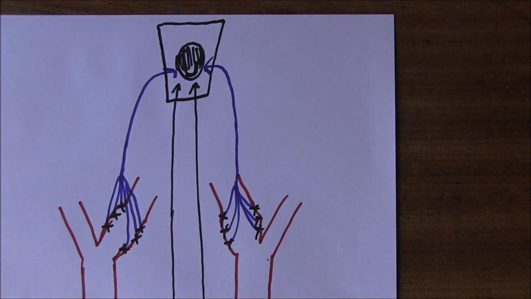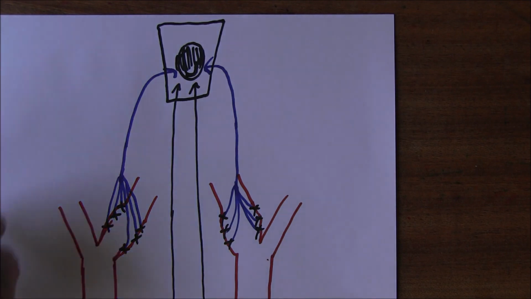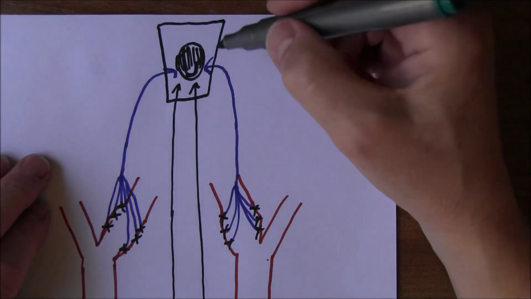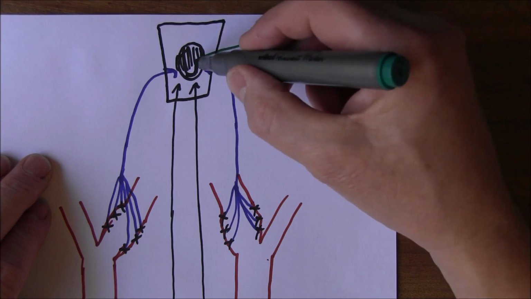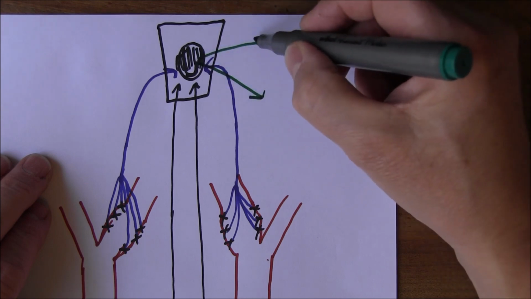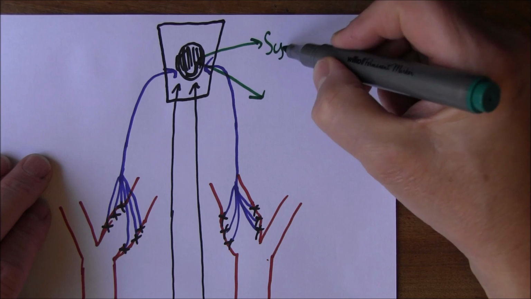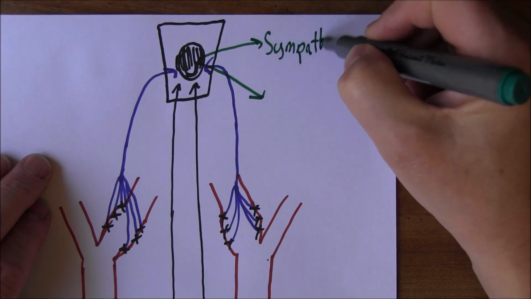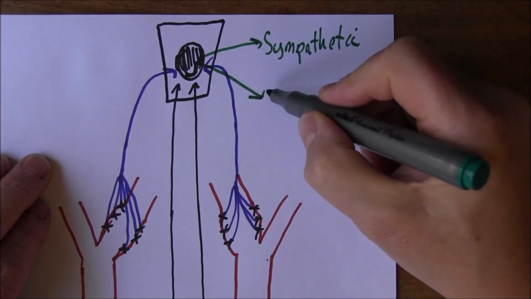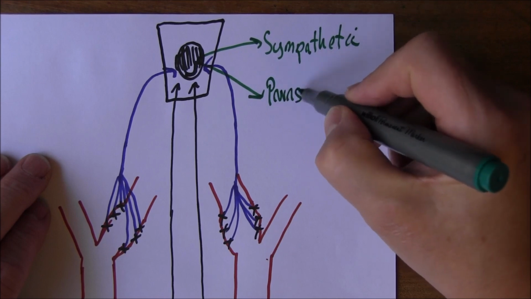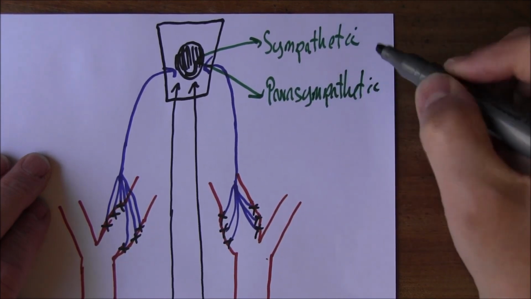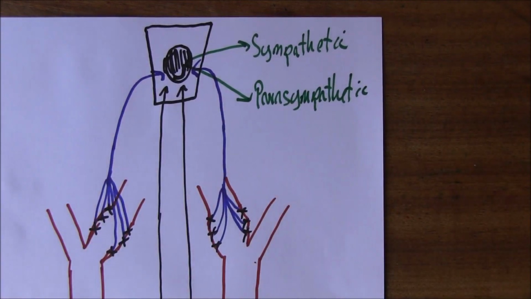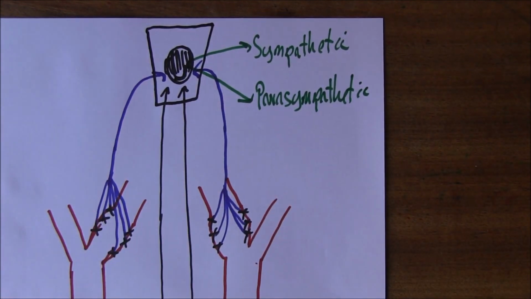Specifically, what's going to happen is the cardiovascular centre is going to have differential activation of the sympathetic and the parasympathetic outflows.